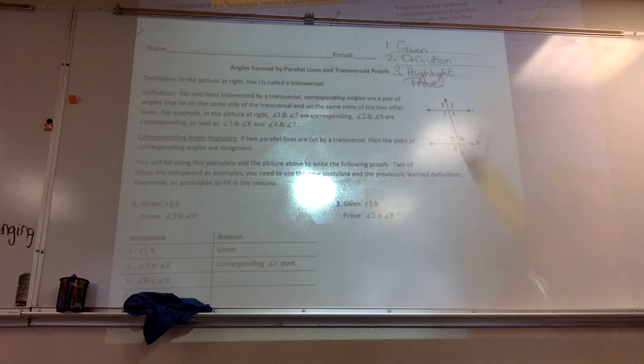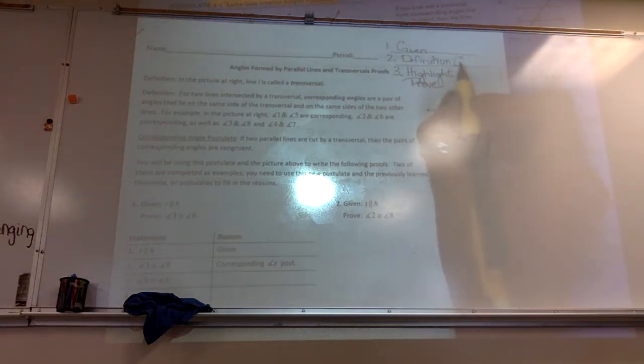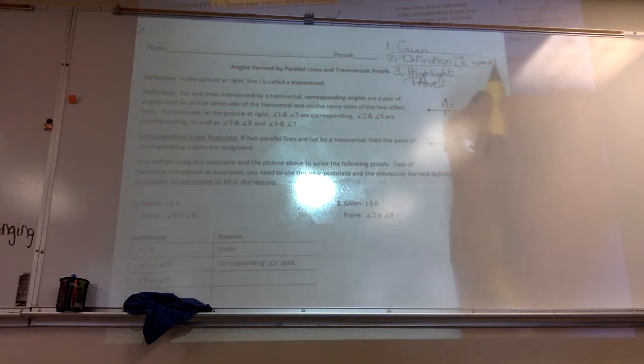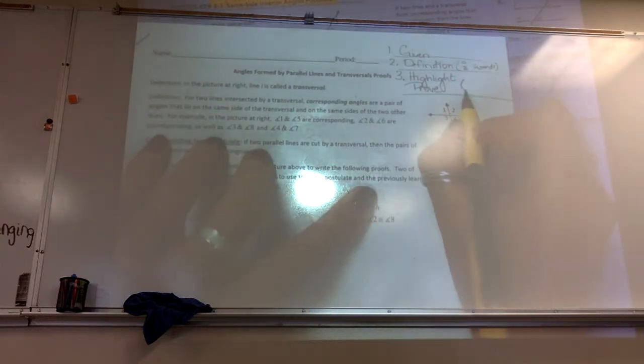Okay, I finally heard it. So given, definitions, and the keys for definitions are equality versus congruency or words. And then highlight the proof, which is using the postulates and theorems.